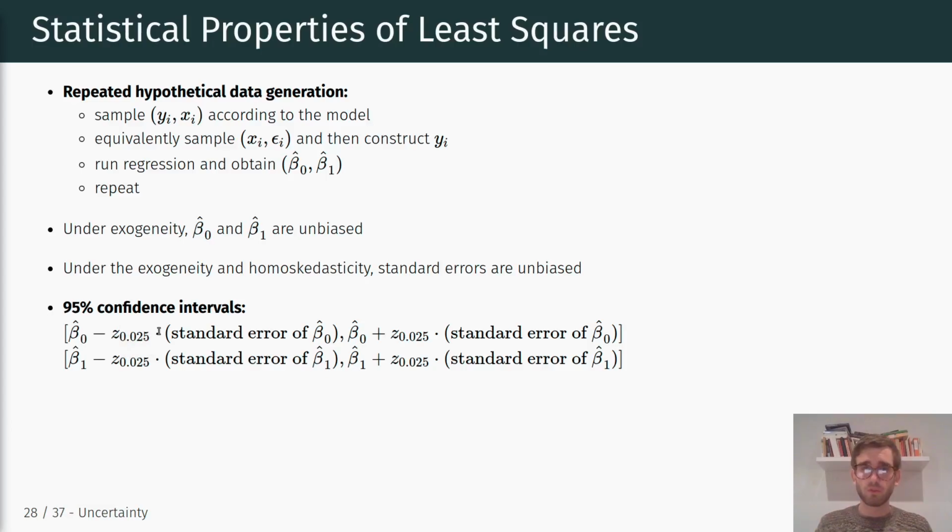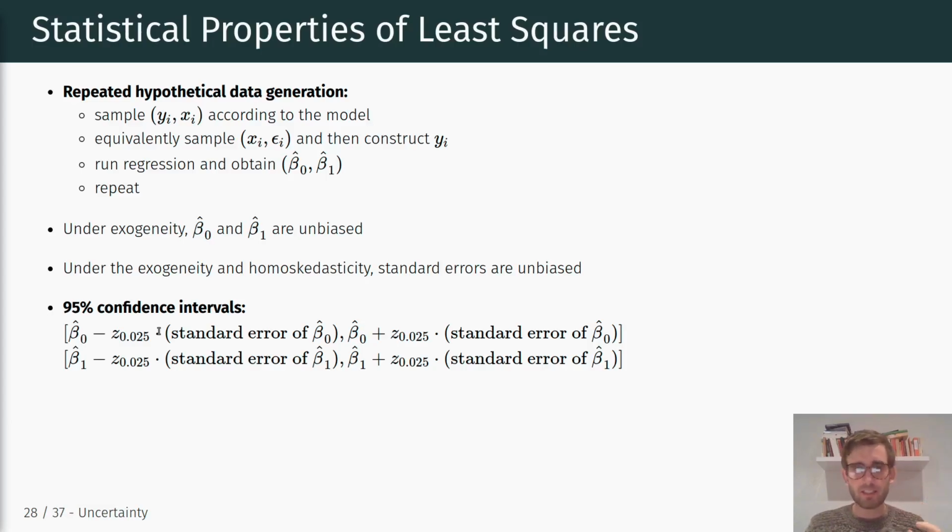And again, the logic of that 95% interval is that over repeated sampling procedures, this interval will contain the true population value, the true beta 0 or the true beta 1, 95% of the time.